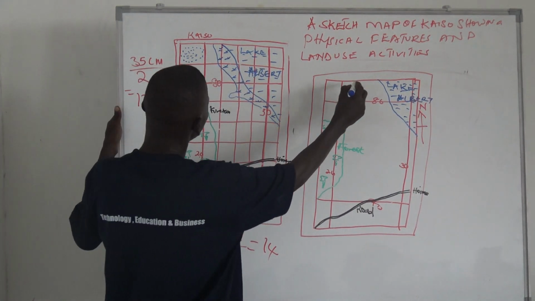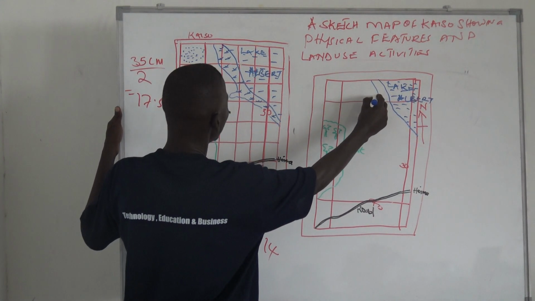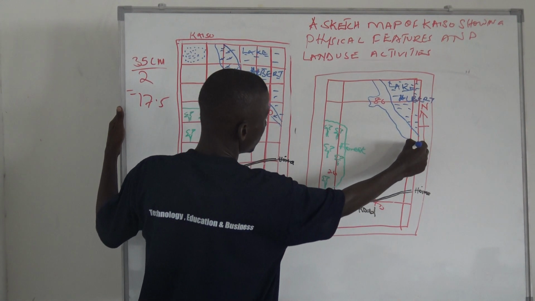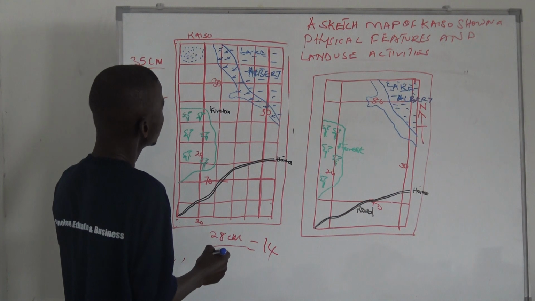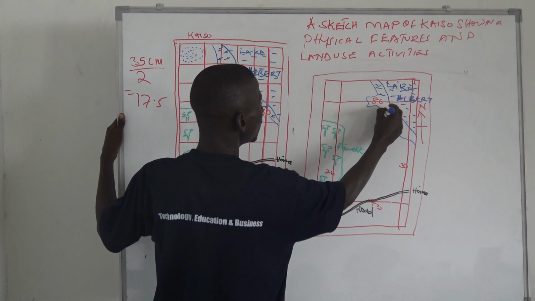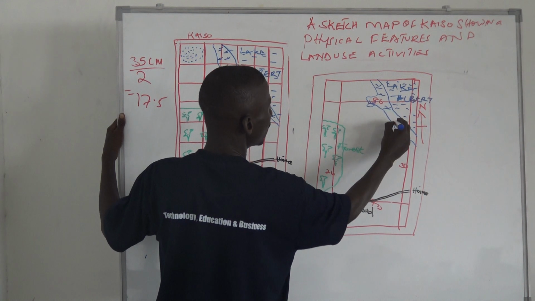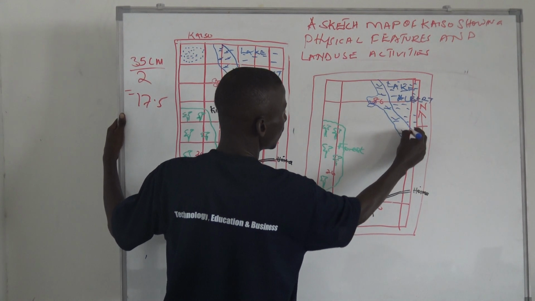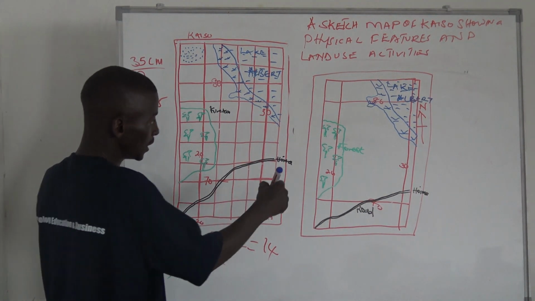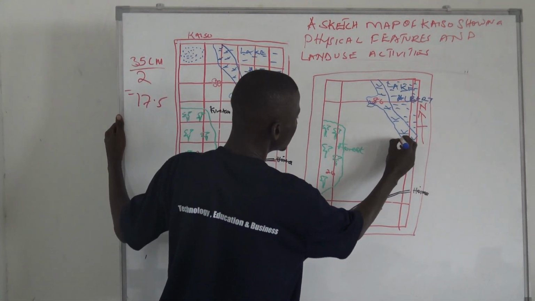There is a swamp on Lake Albert. You also shade it well. So you name it. This is a swamp.